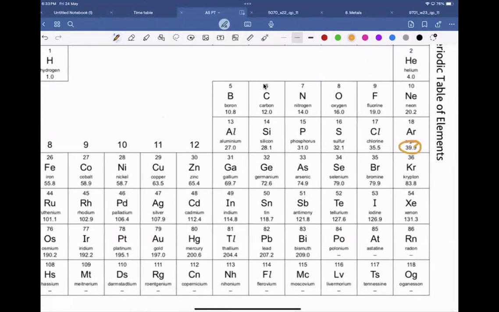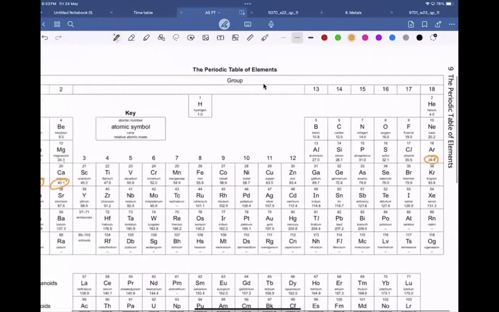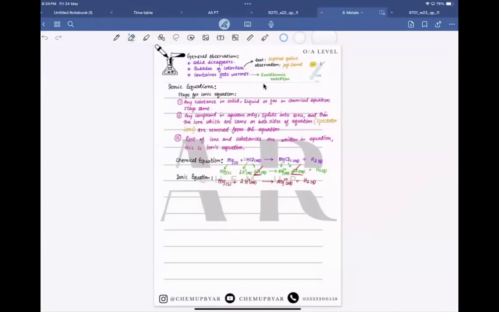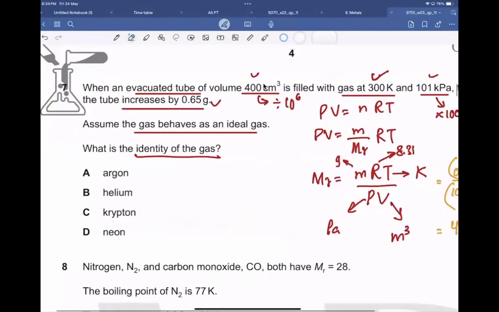Now think, argon is the gas and potassium and calcium are the metals which are solid. So over here, okay, it's not helium. It's neither krypton, it's neither neon. So the closest to 40 is argon. So A is the correct answer. Is this understandable?